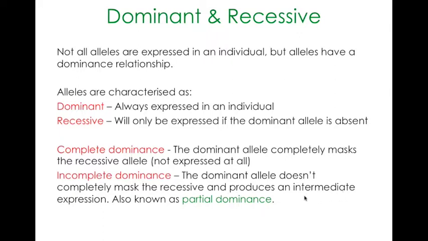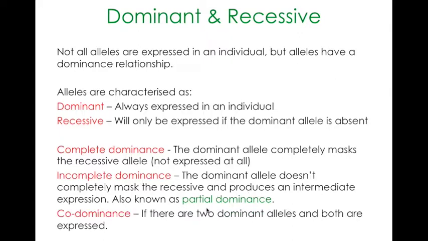You get half of the dominant allele trait, and half of the recessive allele trait, and we call that incomplete dominance or partial dominance. They mean the same thing. And the third one is codominance. If both the alleles are expressed in full, then they are codominant, which we'll look at cases for each one.